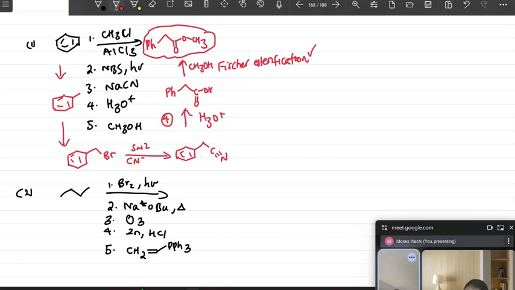I did it, but I'm confused with how to use Wittig because I thought Zn/HCl gets rid of the carbonyl. Or am I wrong? No, that one does not.